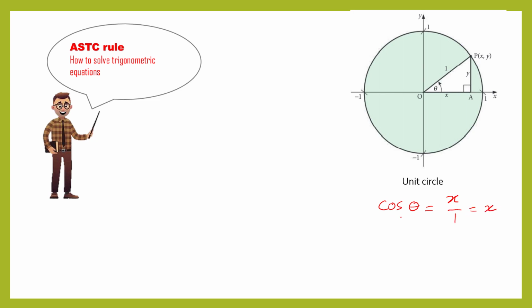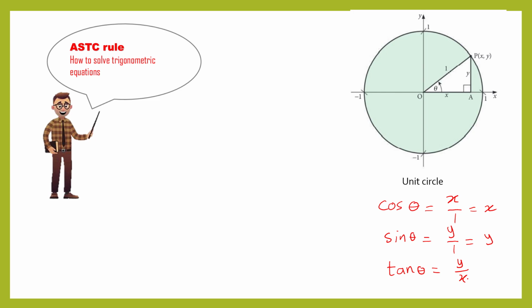So cosine theta from the unit circle is the value of x. Sine theta is opposite over hypotenuse, which is y over 1, equals y. And tan theta is opposite over adjacent, so it's y over x.